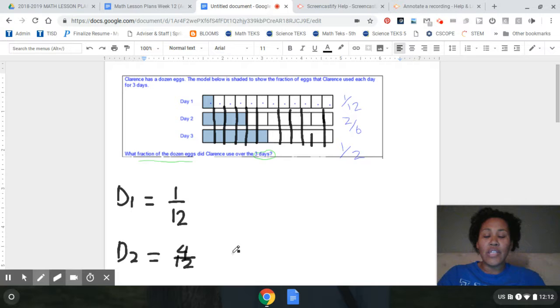And then what about day 3? We know that's going to be 12 as well. 1, 2, 3, 4, 5, 6, 7, 8, 9, 10, 11, 12. And we have 1, 2, 3, 4, 5, 6 out of the 12 shaded.